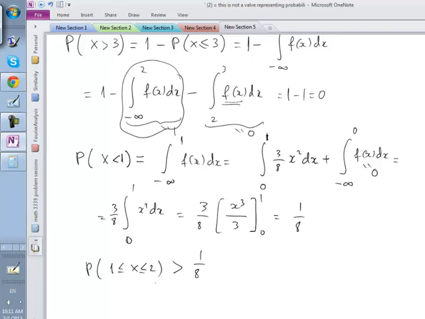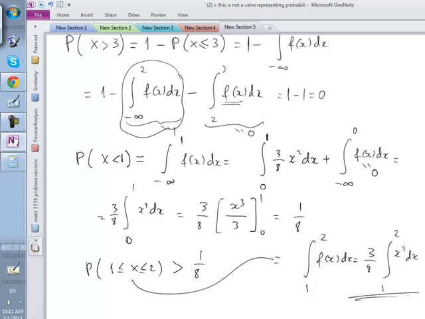To do this calculation, this is just the integral from 1 to 2 of the density function. I invite you to do it to see that what I'm saying is true, that this probability is greater than 1/8. So this guy more likely finishes between 1 and 2 minutes.